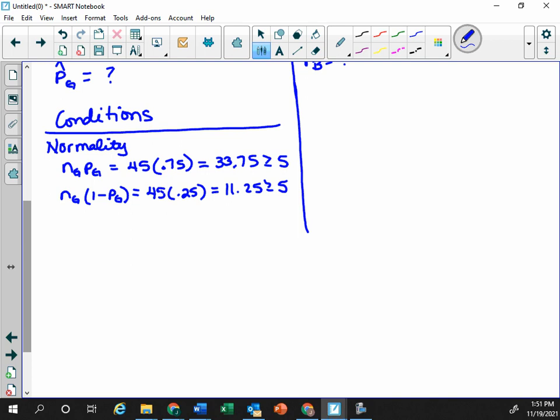All right, what other conditions do I need to check? Let's see, SRS. Was it stated? Is it assumed? What did they tell us? Yeah, it was stated. They said we took a random sample. Okay, and then the one that's new is independent. Do you think these two groups are independent?